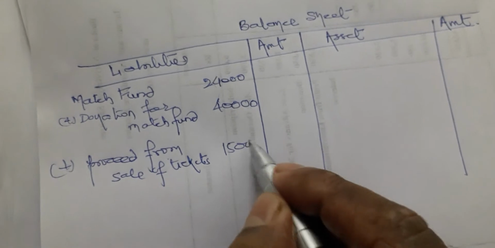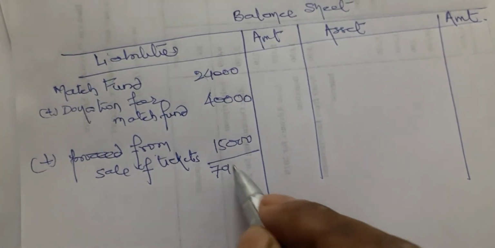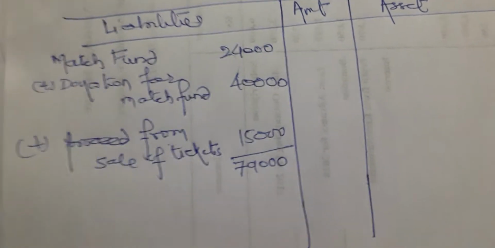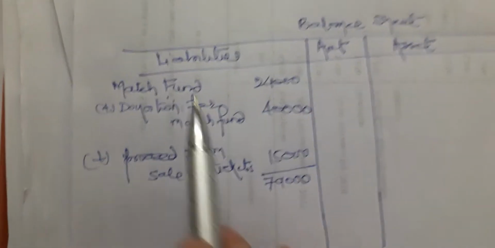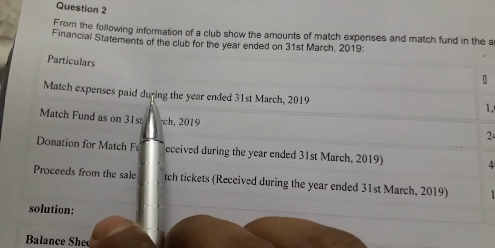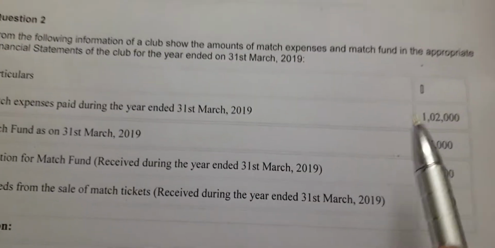So the total match fund we have is 79,000 rupees. Match expenses paid during the year is 1,02,000 rupees.